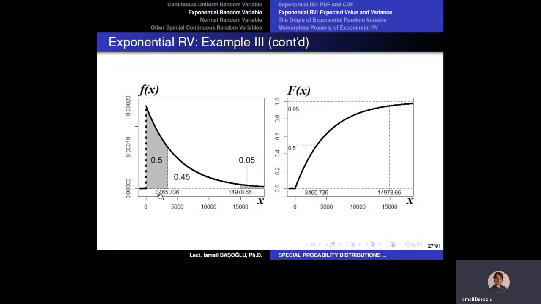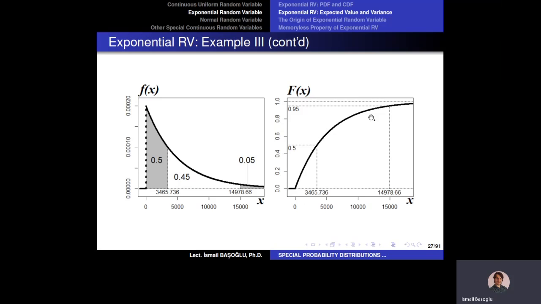And the area on the left-hand side of this 3,465 hours is 0.5, and the area on the right-hand side of 14,978 is 0.05.